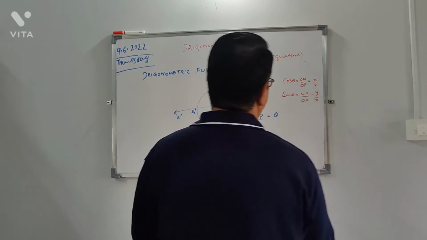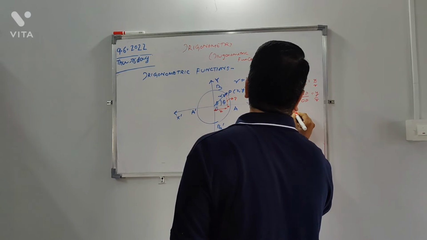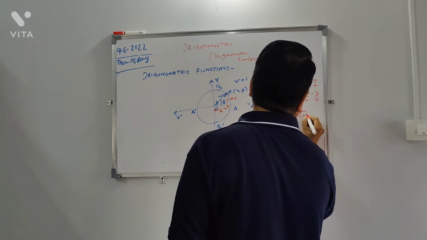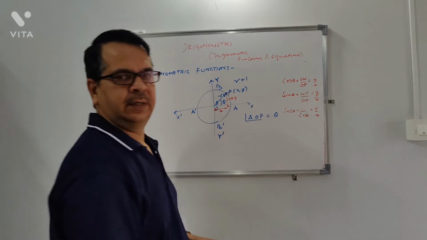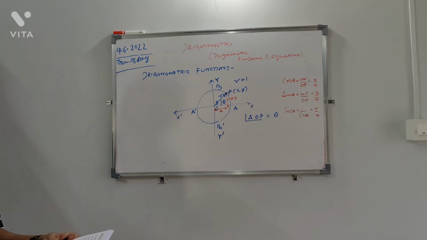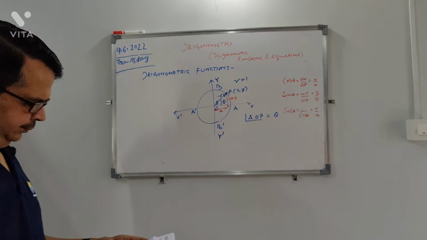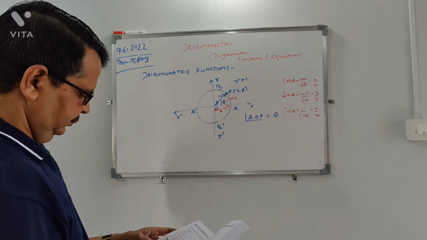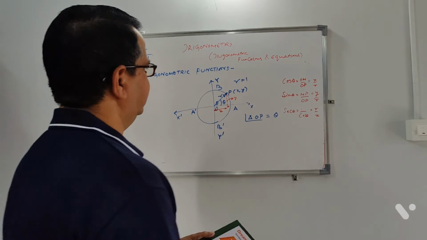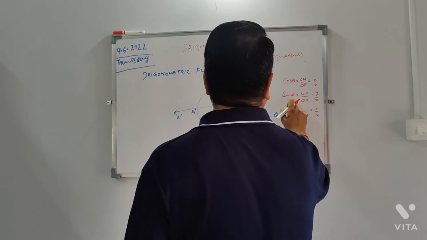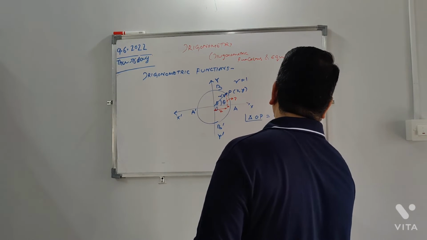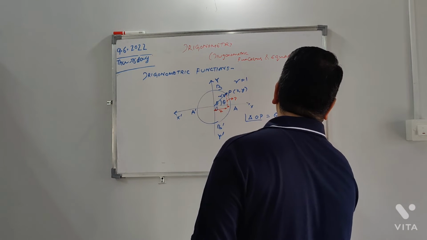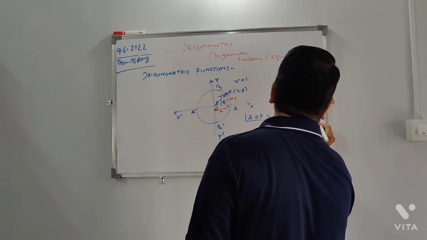Then sec theta is just the inverse of cos theta, 1 by cos theta, so it is r by x. Then cosec theta is equal to 1 by sin theta, so that will become r by y.